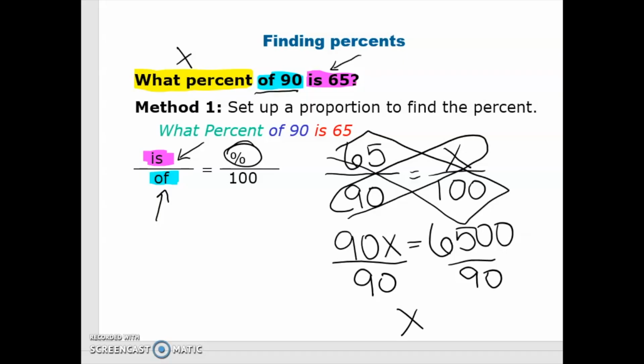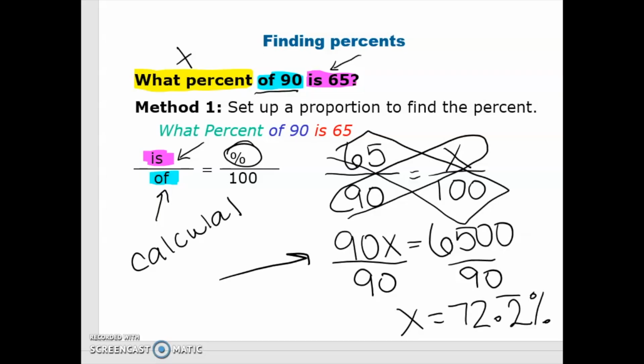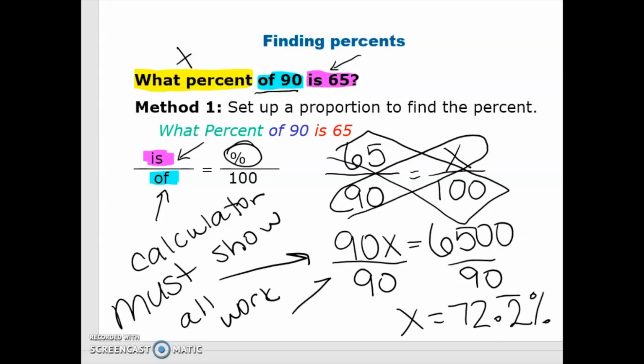So at this point, we can use our calculator. 6,500 divided by 90 is 72.2 repeated. So again, once you get to the division, you can use a calculator just for the division, but you must show all your work. So I have to see what numbers you got and all the steps, but the division may be done with a calculator. Okay, let's try another one.